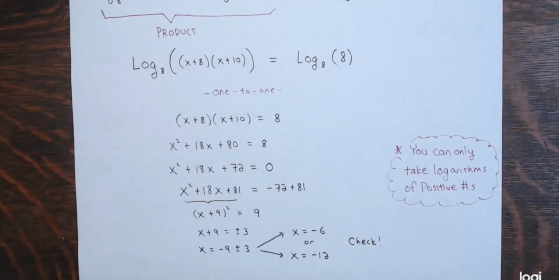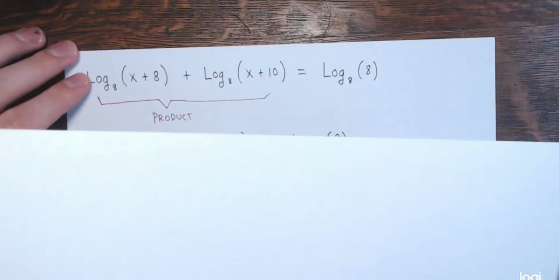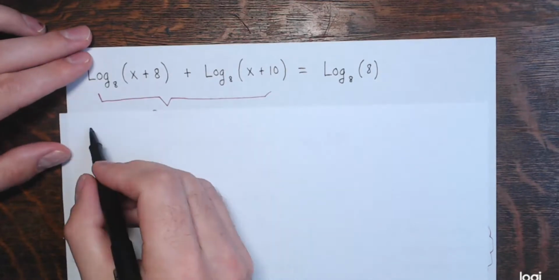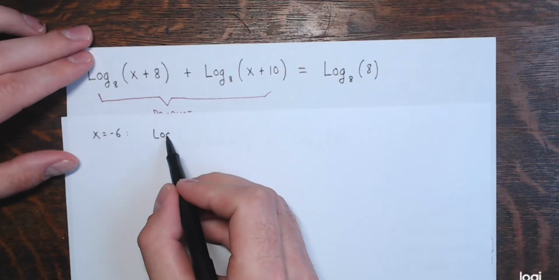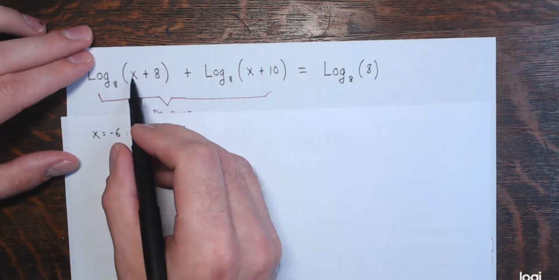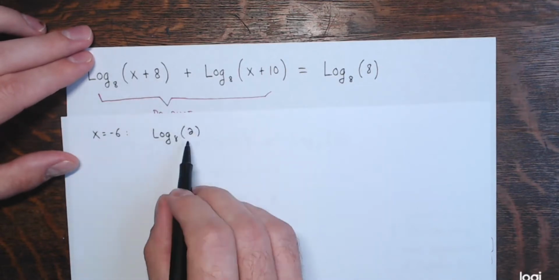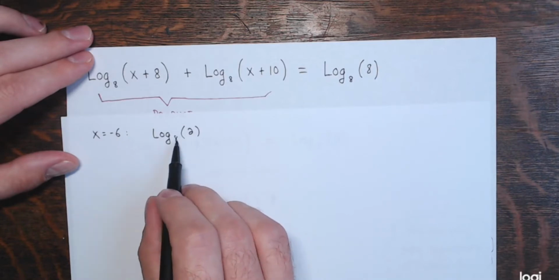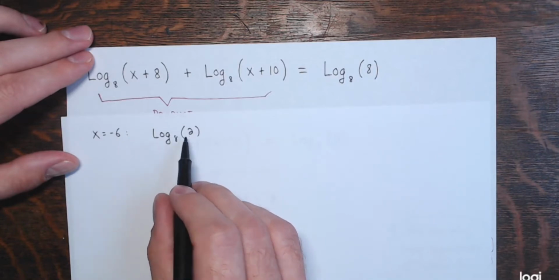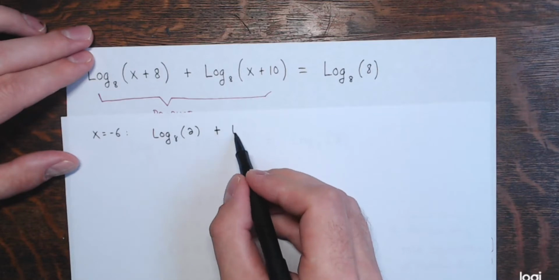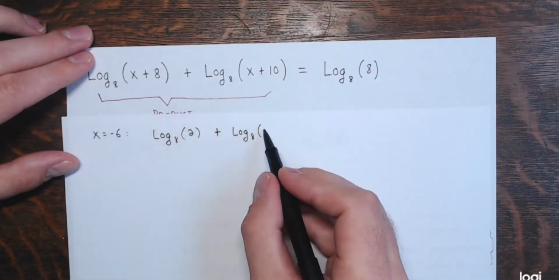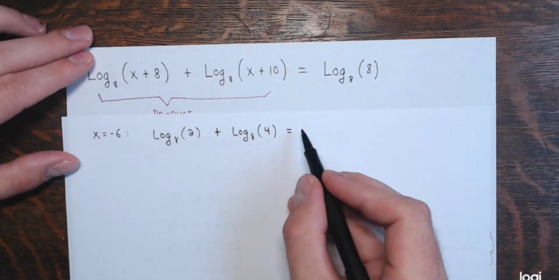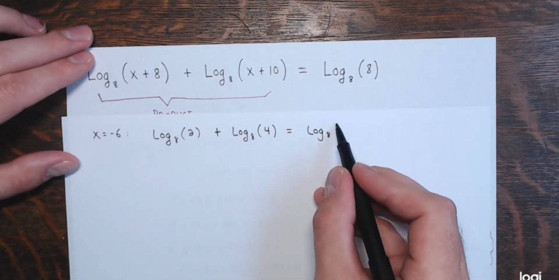Alright, so I'll check the first value, which was negative 6, back in the original equation. So when x equals negative 6, we get the log base 8 of negative 6 plus 8, which is 2. And that's fine. That's a log of a positive number. Plus the log base 8 of negative 6 plus 10, which is positive 4. And would this be equal to the log base 8 of 8?